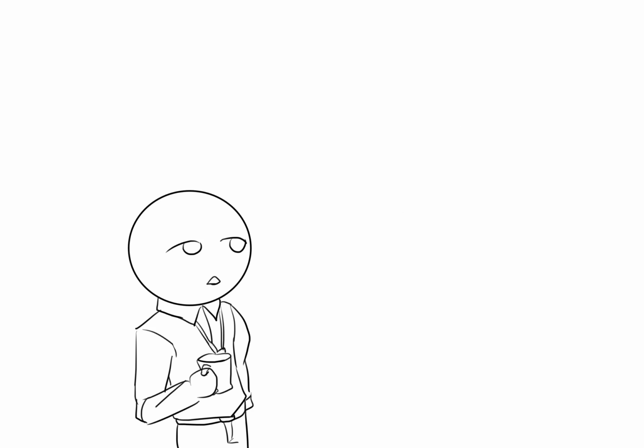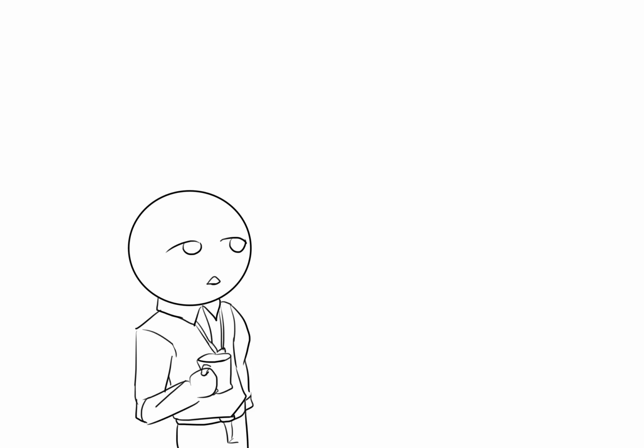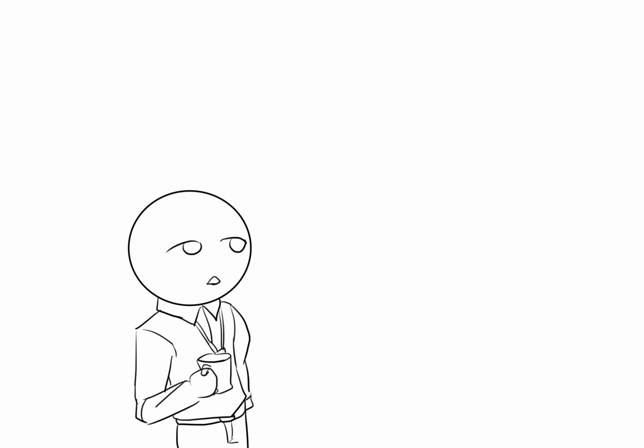Alright then, let us insert these numbers into the equation, and we will get V sub 0 bigger than the square root of 2 times 9.81 times 6,371,000, and you will get 11,180.2961 meters per second. Factoring the weight of the rocket and the amount of fuel, this rocket will now be able to escape the atmosphere of the Earth.